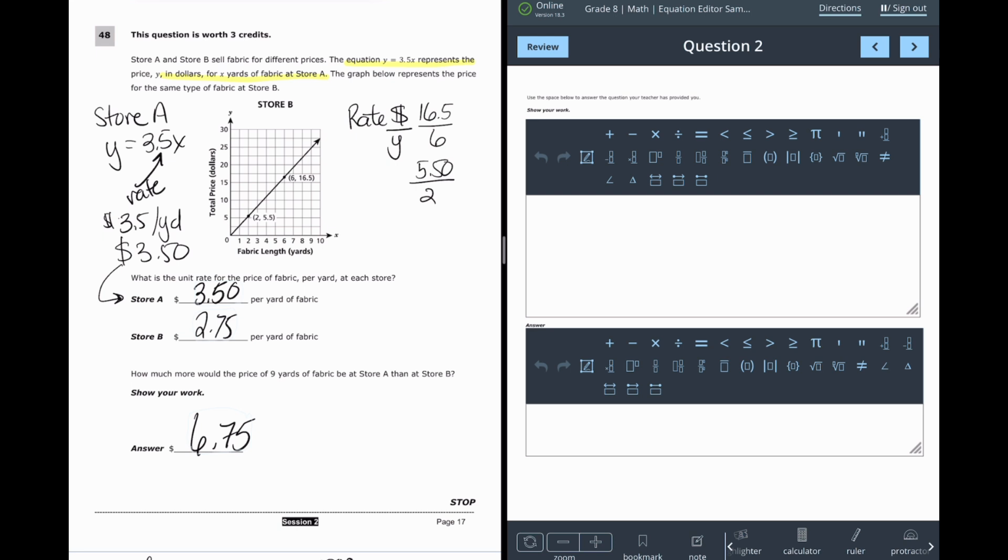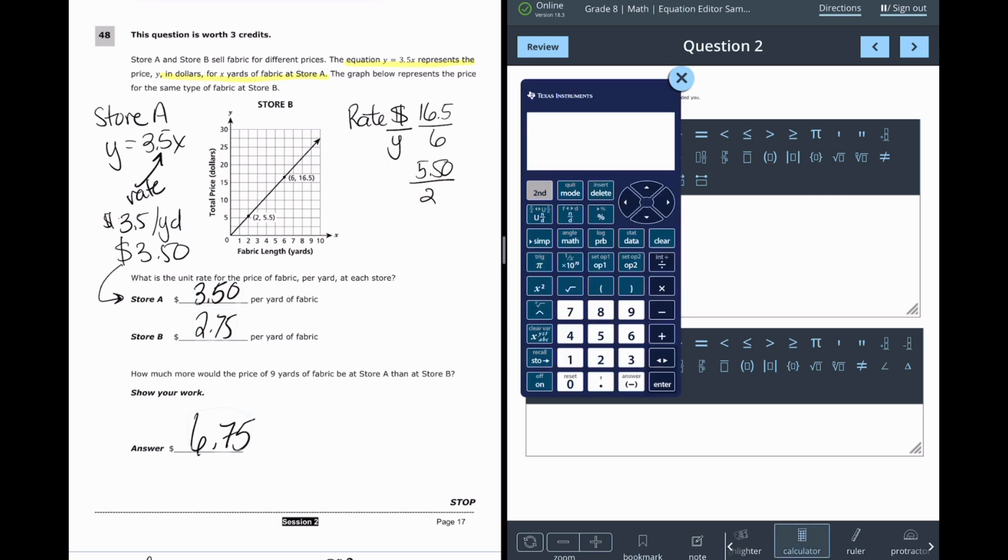You can use either one. On the calculator, 16.5 divided by 6, we get $2.75. When I do 5.50 divided by 2, I also get $2.75. So either one works.